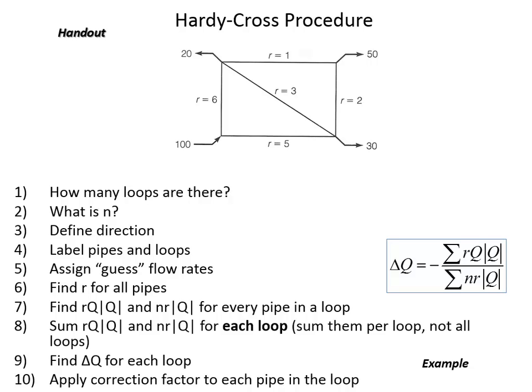All right, so then the negative of that divided by that, which is what the delta Q is. Remember the formula for delta Q is on the screen over there. So the delta Q that we're going to apply, the negative of this divided by that, it's going to be 10.989.